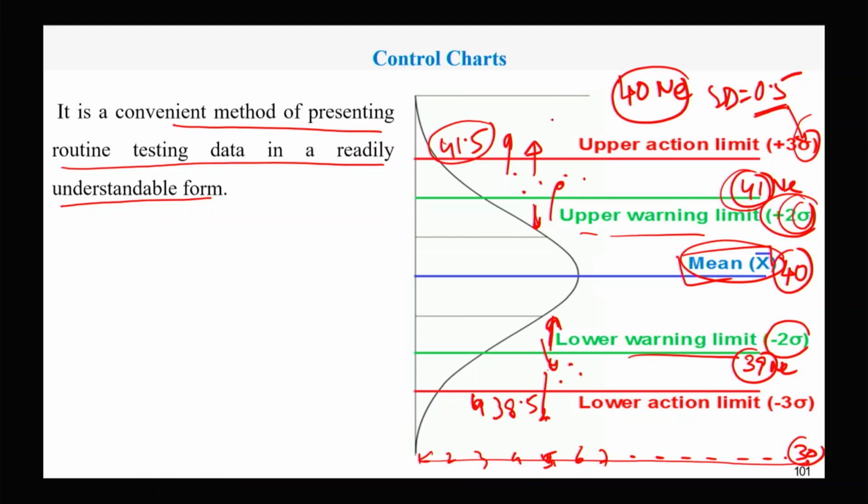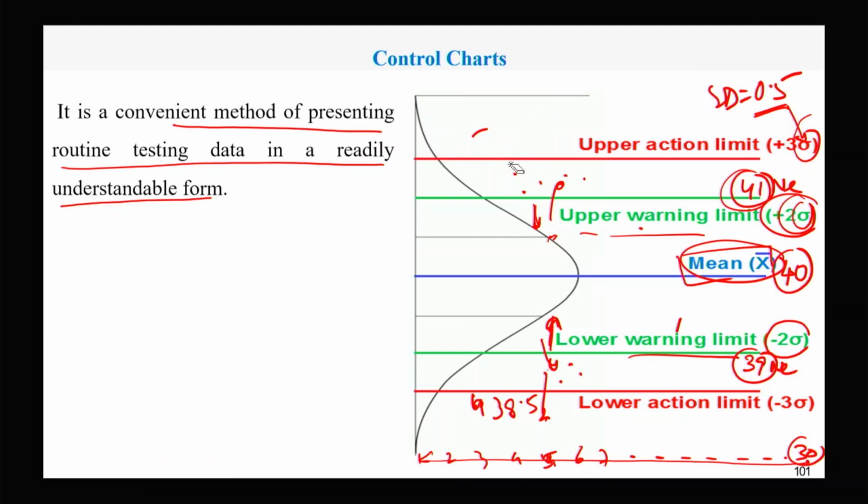Once it is finer than 41.5, we stop the machine, readjust the draft, reduce the draft level, and bring it within the acceptable limit. So this is the concept here.